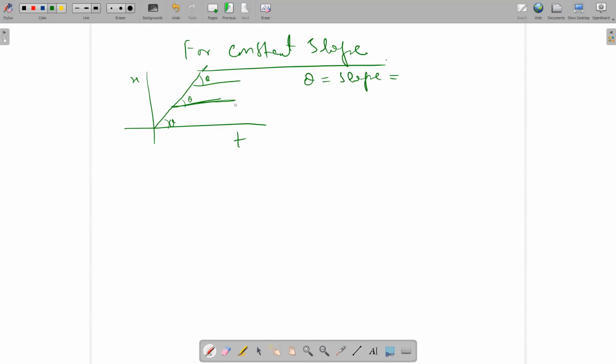So the slope in this graph is constant. Slope means velocity. So if the slope is constant, then the velocity is constant. From this graph, we conclude that our velocity is constant.